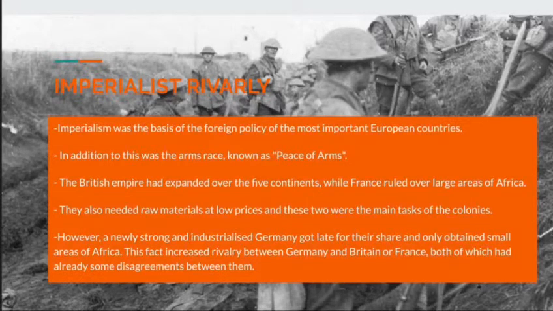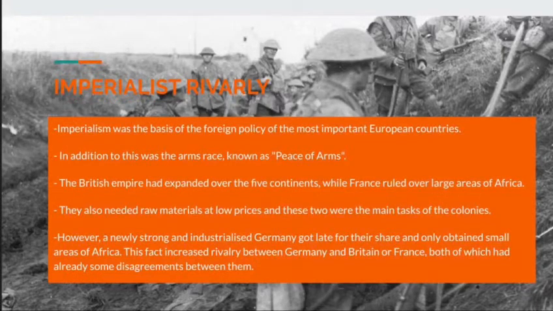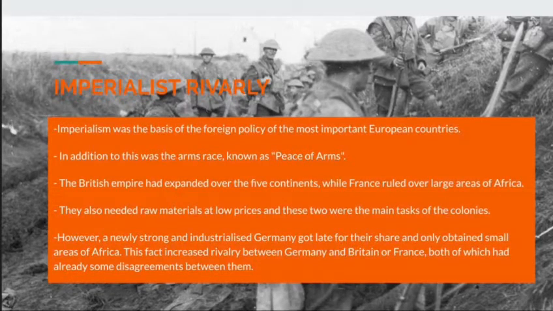When the 20th century started, the British Empire had expanded over the 5 continents, while France ruled over large areas of Africa. As capitalism is based on expansion and increasing sales, industrialized countries needed to constantly expand their markets.